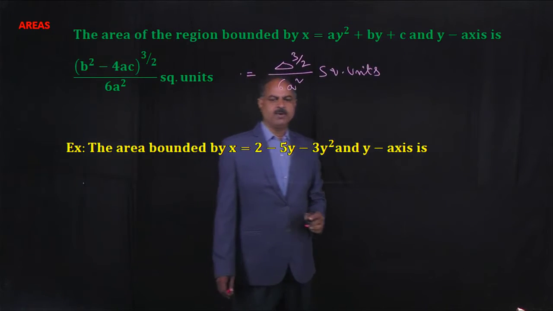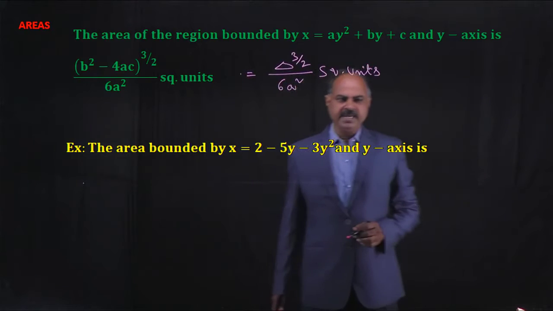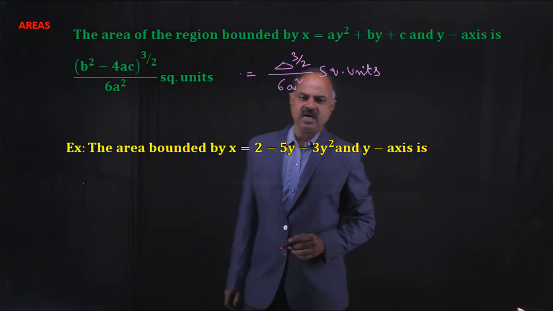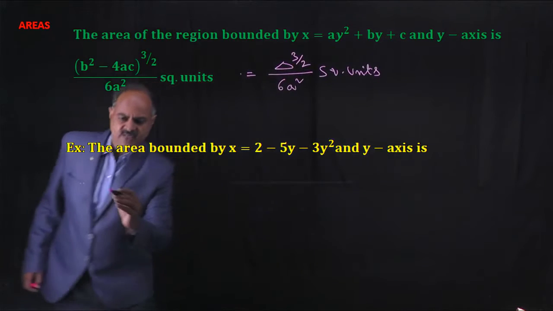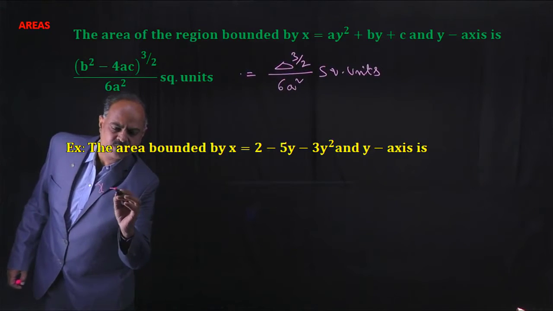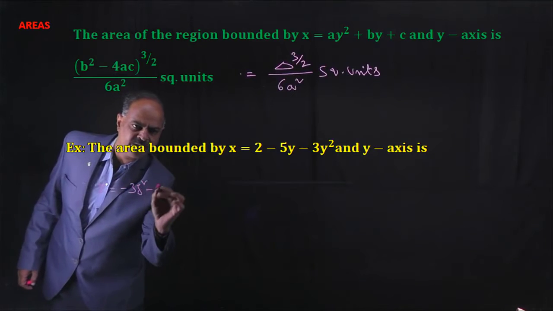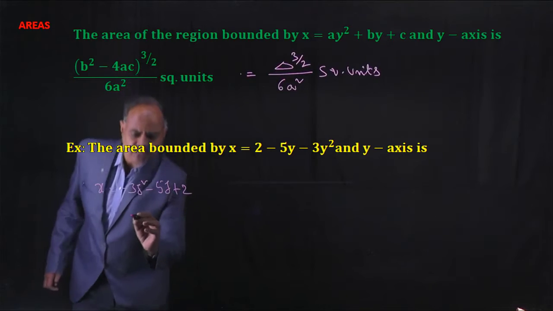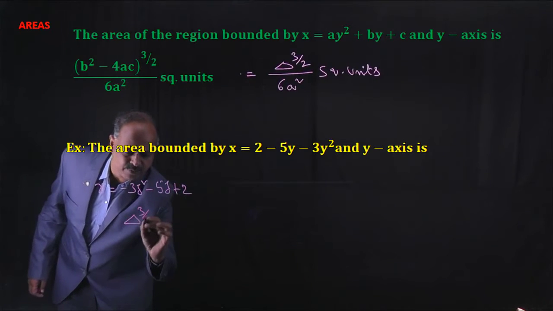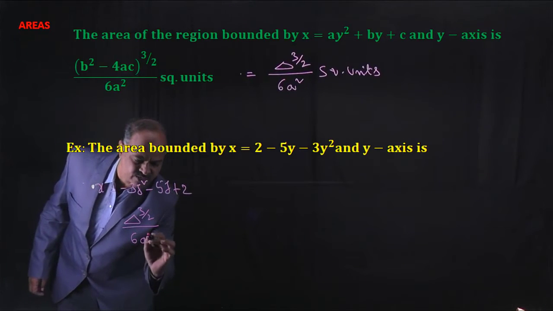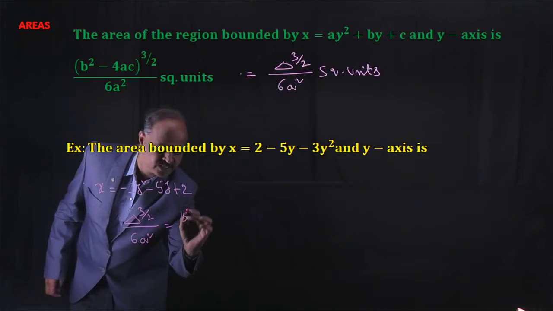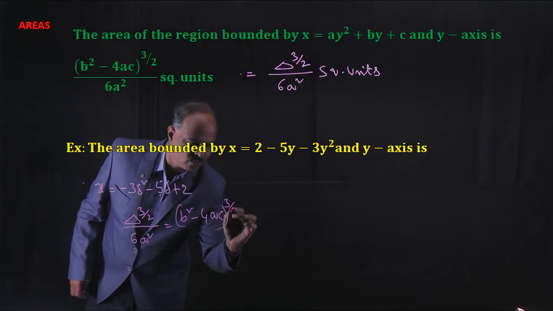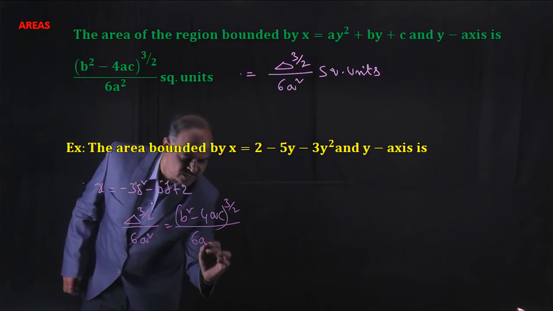Suppose, for example, the area bounded by x equal to 2 minus 5y minus 3y square and y-axis. Given x equal to minus 3y square minus 5y plus 2. So the formula is delta power 3 by 2 by 6a square, that is equals to (b square minus 4ac) whole to the power 3 by 2 by 6a square.